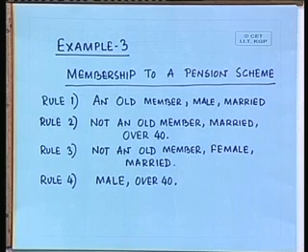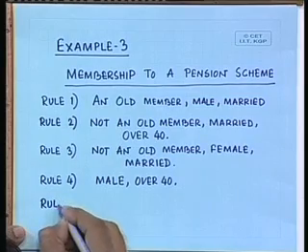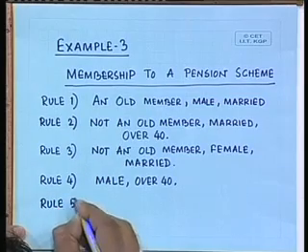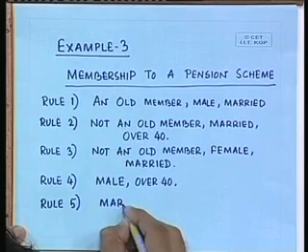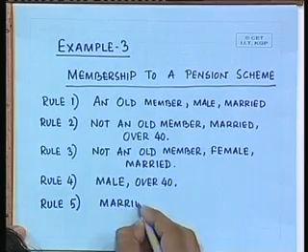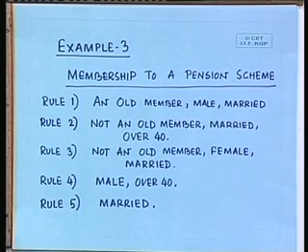So finally the fifth rule was made: anybody who is married should be a member of this scheme.